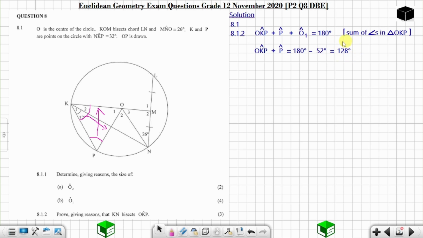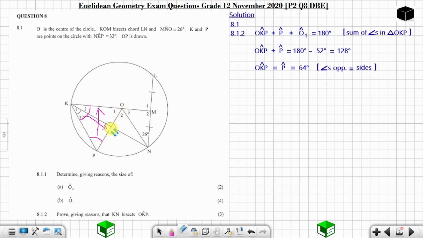Now we can divide by 2 because this angle is equal to this angle. So angle OKP is equal to the angle P, which is 64 degrees. When you divide 128 by 2, you have 64 degrees. The reason you are going to say is because you have angles opposite equal sides, OK is equal to OP.